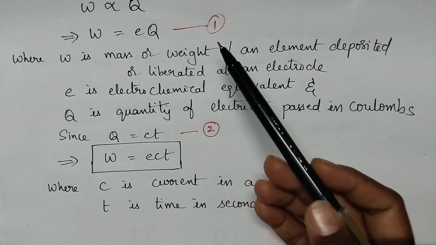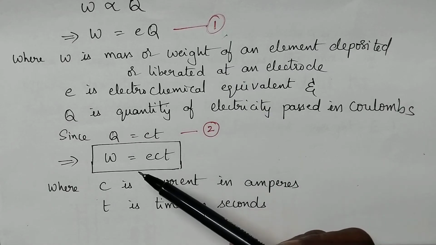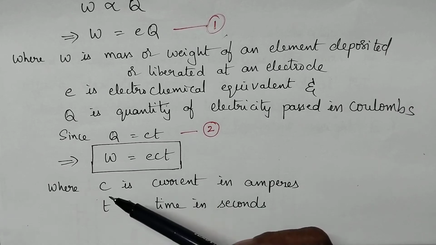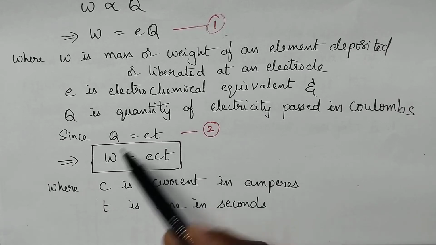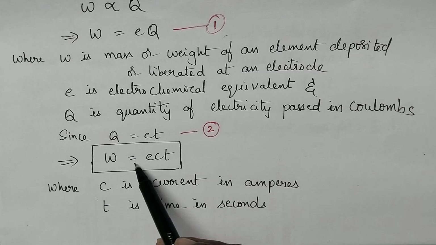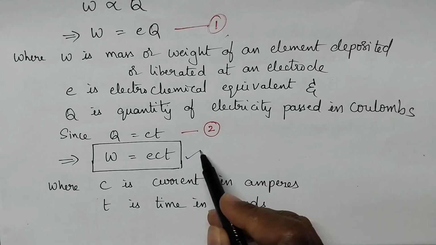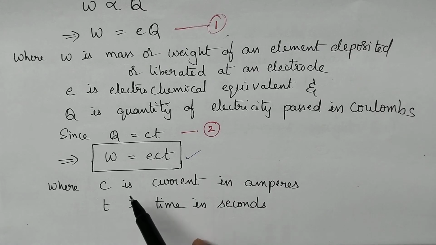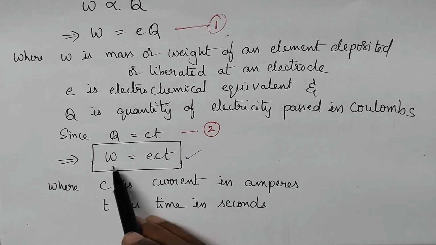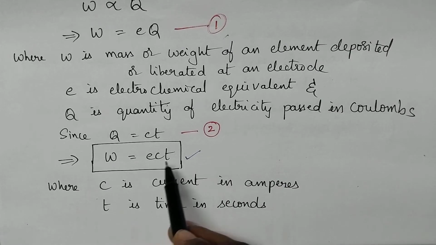So from expressions 1 and 2, we can give the final expression for Faraday's first law as W is equal to ECT. So what is Faraday's first law? It can be mathematically expressed as W is equal to ECT. It is Faraday's first law.